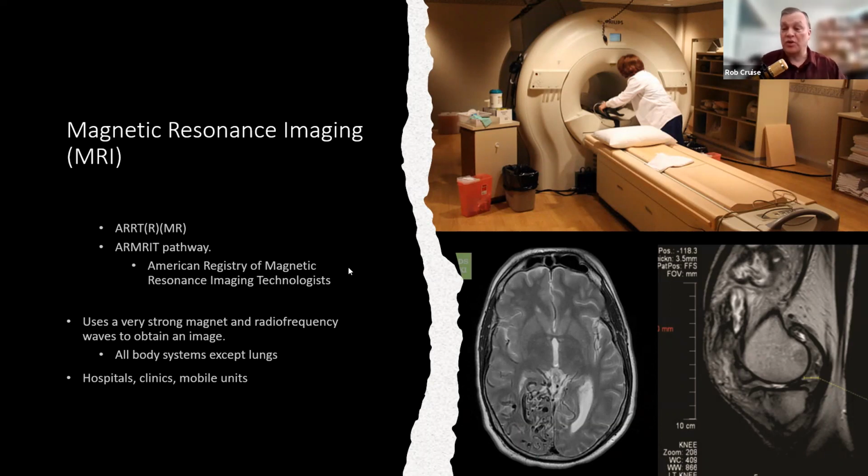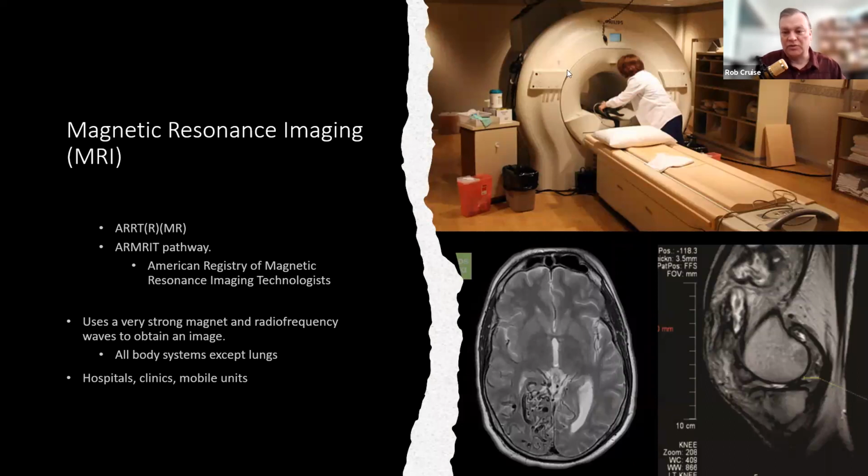It is a very strong magnet and uses radio waves to produce an image. I get to teach MRI physics, and in our program we spend 36 hours on MRI physics, so that the person operating the scanner knows what they are doing.